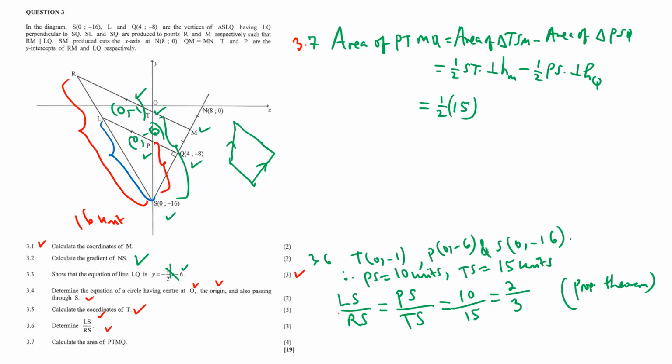And then the perpendicular height is what? The perpendicular height is exactly 6 units, because you remember that the coordinates of M are 6 and minus 4. So for the perpendicular height through M, we'll take the 6 off the x coordinate.